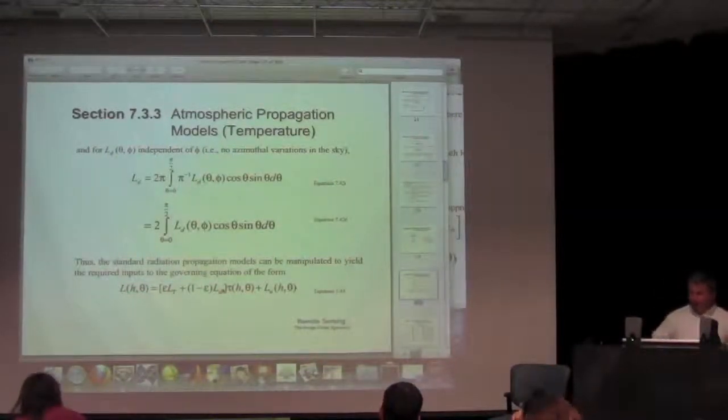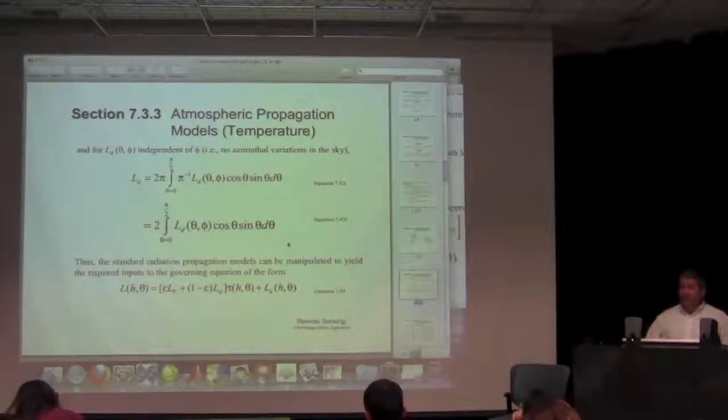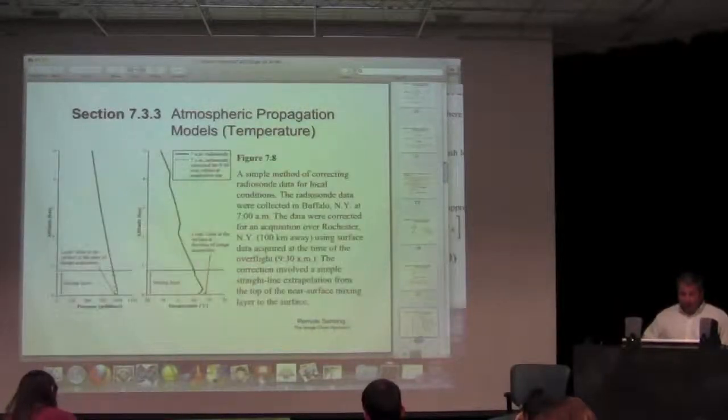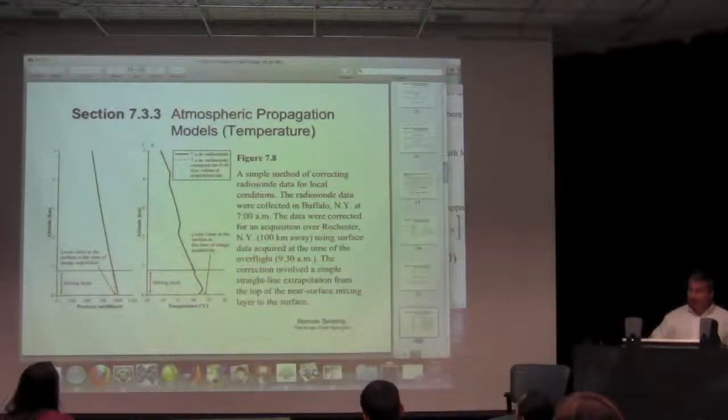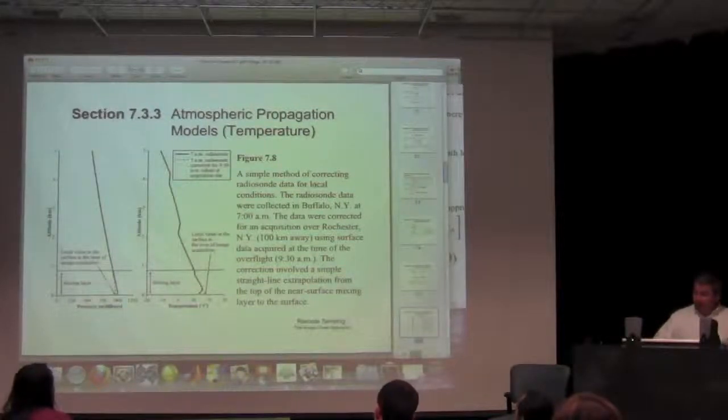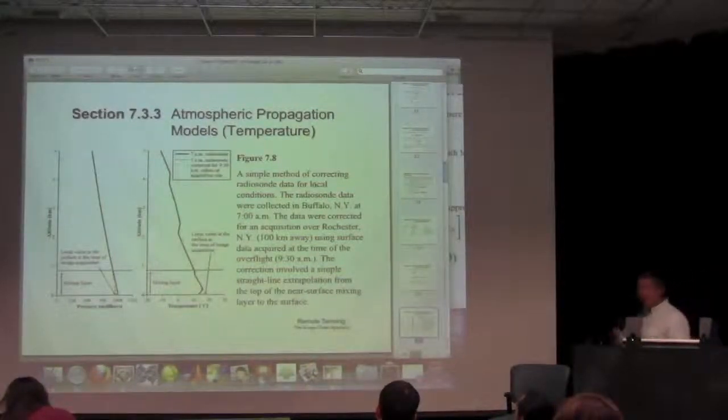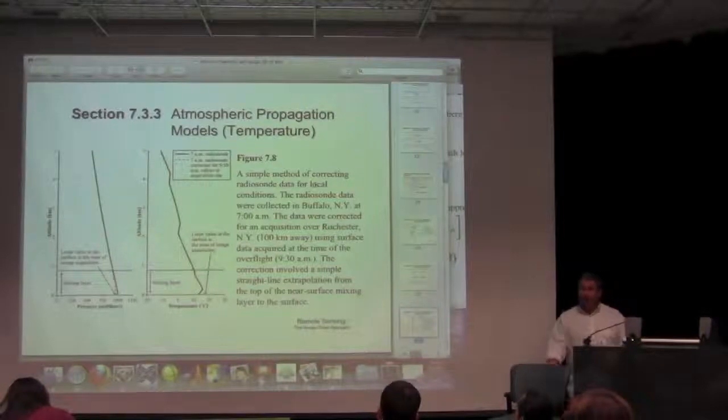Now, in order to do this successfully, you have to know what the atmosphere looks like. I mentioned last time, Modtran has several standard atmospheres in there, but what we hopefully have is a measurement of pressure and temperature and water vapor concentration as a function of altitude in the atmosphere. These are called radiosondes. That data can be input directly into Modtran.